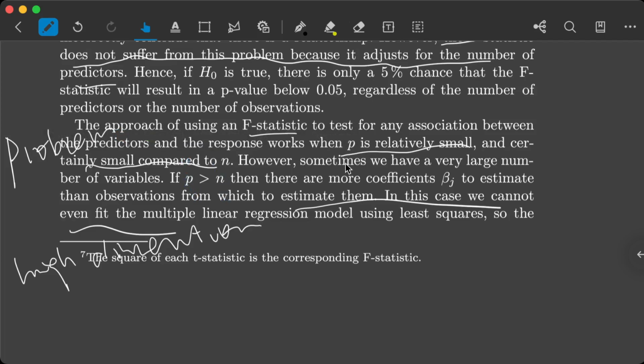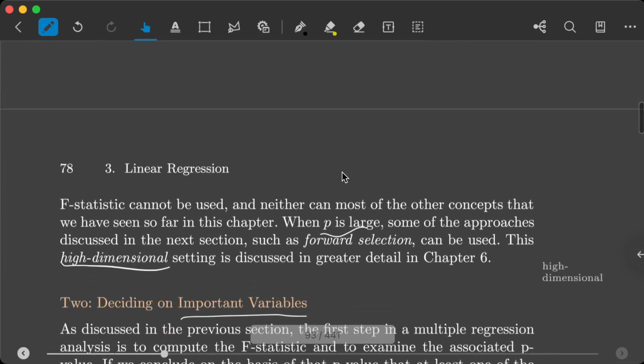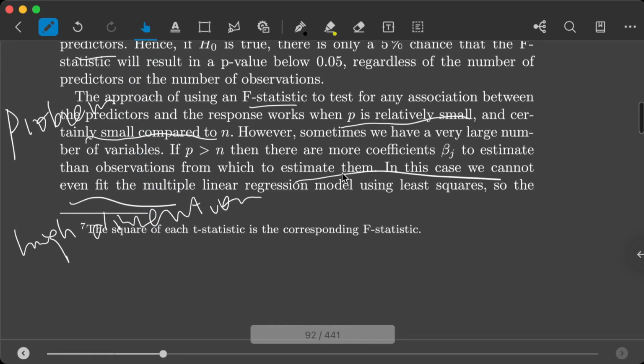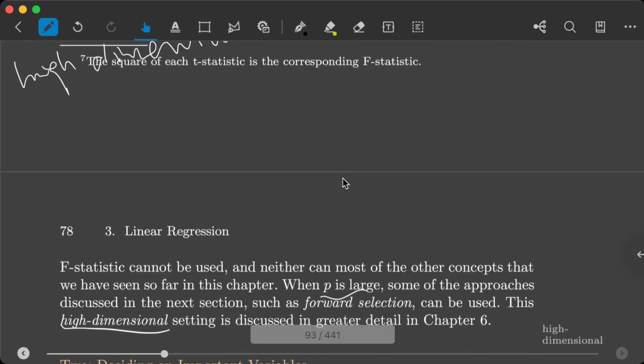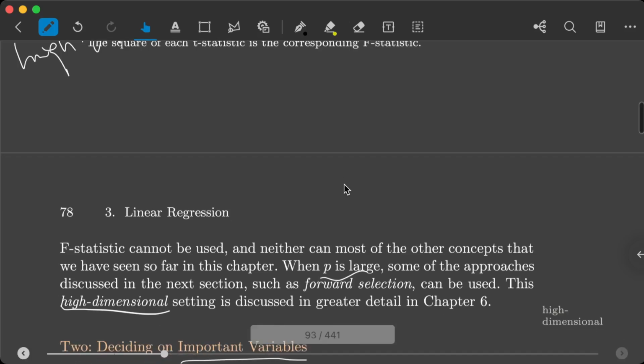In this case, we cannot even make a prediction by creating a model. This causes some problems, because we cannot even get a model, and so we cannot get a residual sum of squares. So we cannot estimate F statistics.